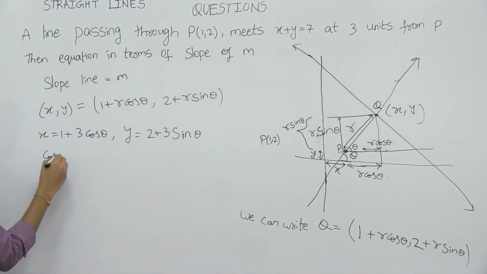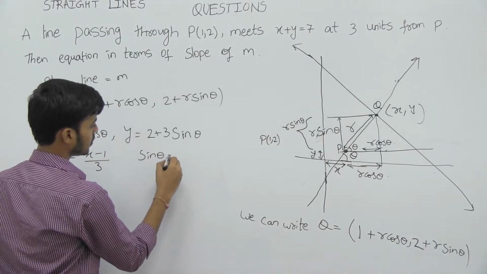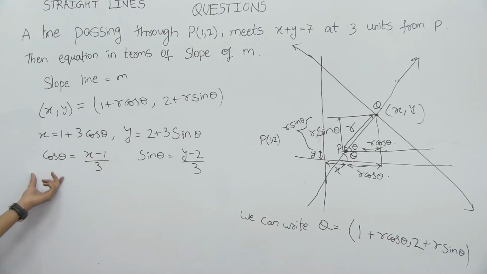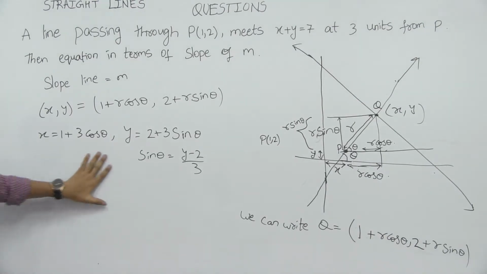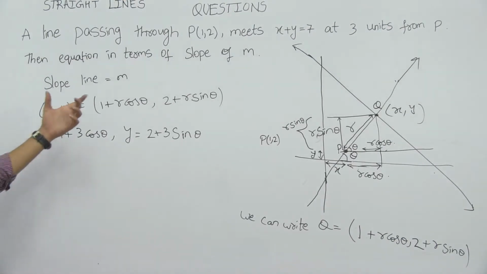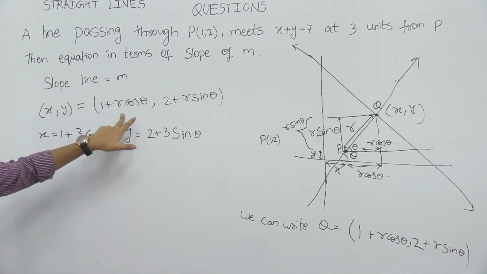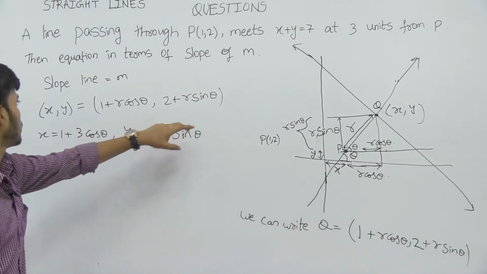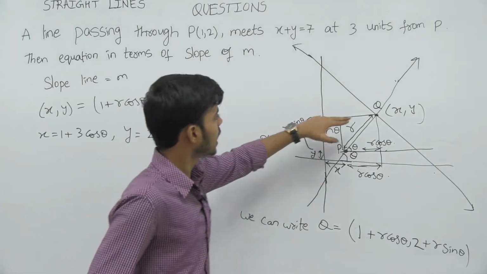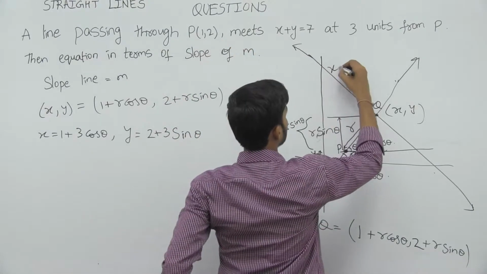We have cos theta equal to (x minus 1) by 3, sin theta equal to (y minus 2) by 3. Okay, so let's not just go over this. From that we'll get the equation of the line, but we need an equation in terms of slope. So we know the point Q is 1 plus 3 cos theta and 2 plus 3 sin theta, and this Q also lies on the line x plus y equal to 7.